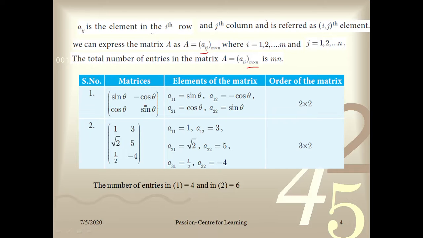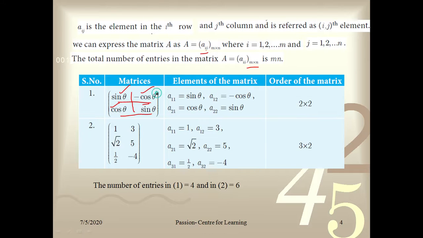Suppose you can see here in the examples. What is a11, a12, a21, a22? If there is a column next, a13, here a23. See, the number of rows is, this is one row, this is another row. So two rows.